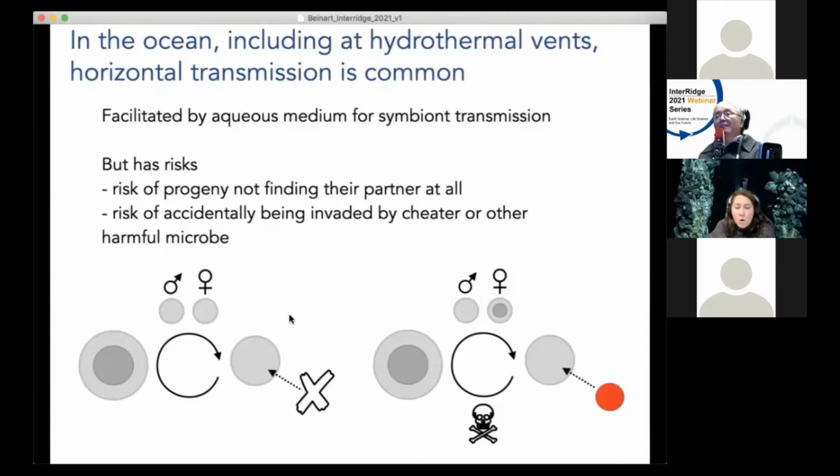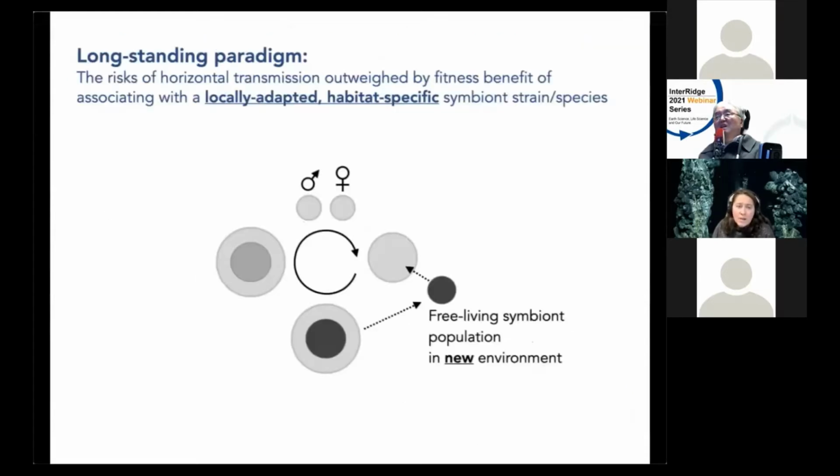Or that you might accidentally take up a cheater or a harmful microbe like a pathogen instead. So there are risks to this transmission system, and yet it seems to be the most common in the marine environment. And so there's been this long-standing paradigm that the risks of horizontal transmission have been balanced by the fitness benefit of associating with a locally adapted habitat-specific symbiont strain or species.